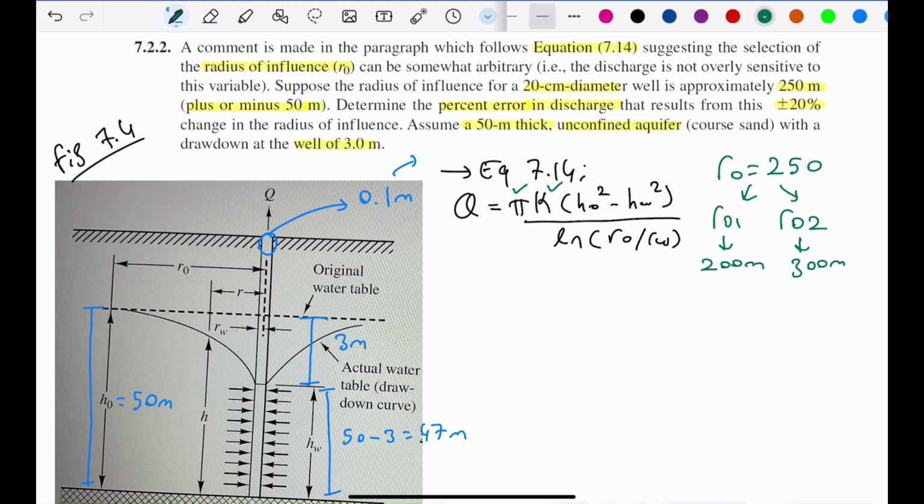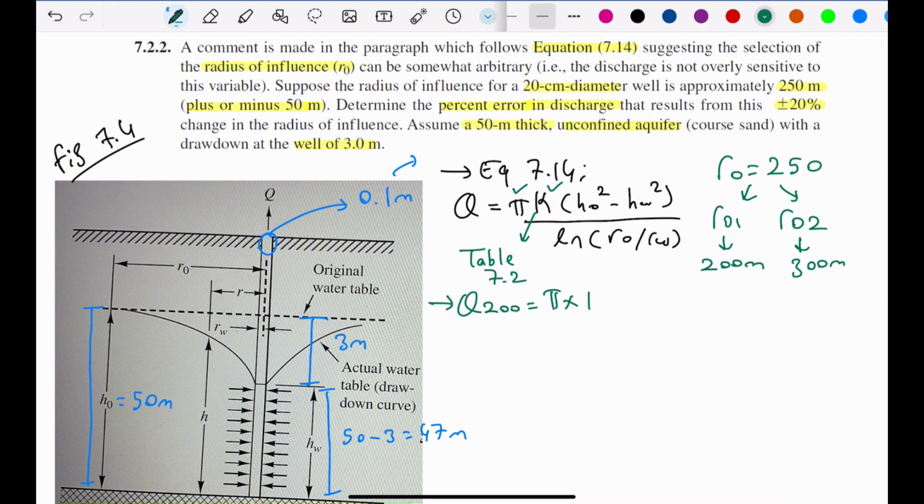So for 200 meters radius of influence, we will have pi, and we can get a value from table 7.2. And there's a range. It is between 10 to the power of minus 4 and 10 to the power of minus 2.